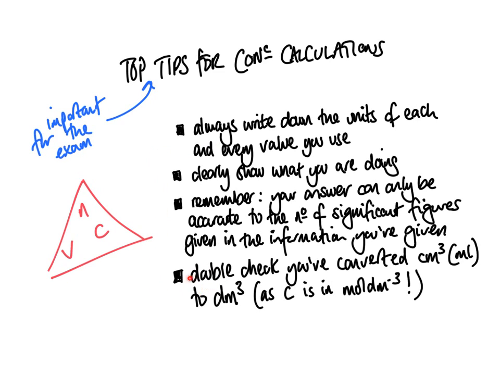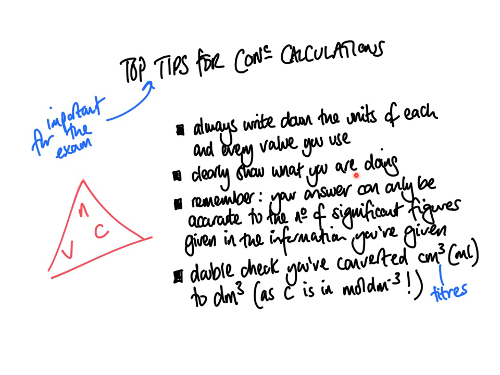And this is actually tied in with double checking that you've always converted centimeter cubed or mL, particularly when dealing with titers, into decimeter cubed. Remember, we do this because concentration is expressed as moles per decimeter cubed, not moles per centimeter cubed. So that can sometimes lead to a big issue.